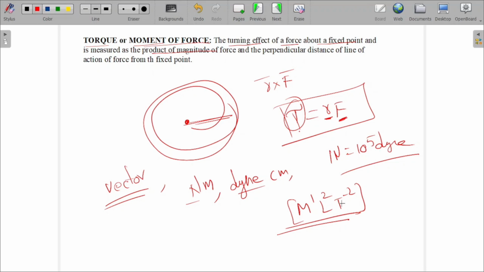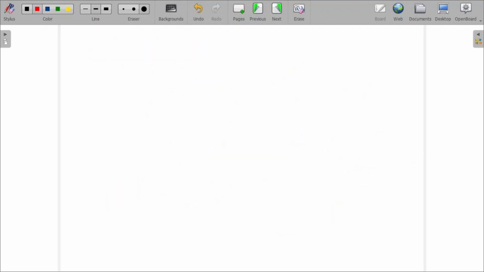Clear? Right. Now this is the distance, and this point, from where this whole thing will be rotated, will be called the axis of rotation. Let's consider this is the rod, one end is fixed.